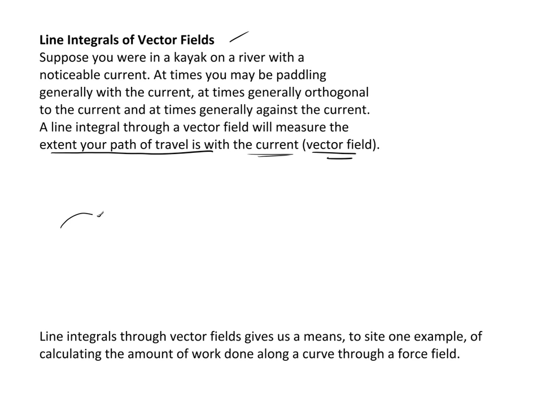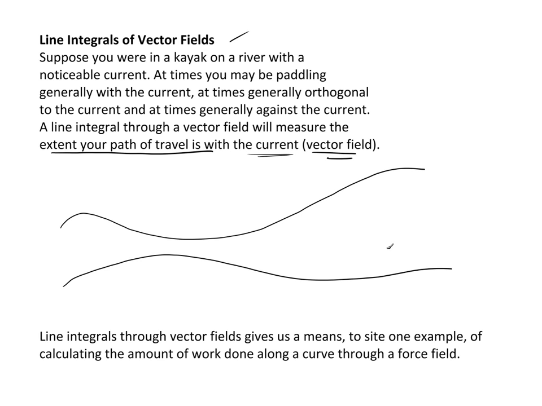So let's go back to the kayak idea. You have this river. So you have this vector field that represents the current in the river.